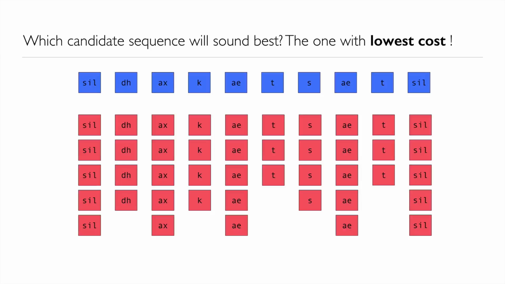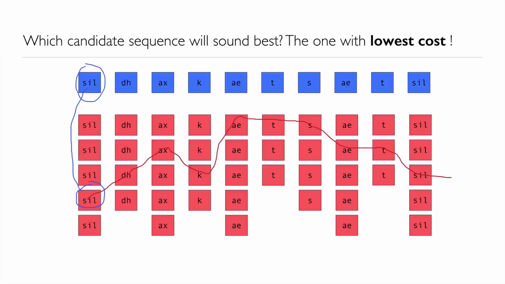And the total cost is just a sum of local costs. So let's draw one candidate sequence and define what the cost of that sequence would be. There's one path through this lattice of candidates, and the total cost of this sequence will be the target cost of this candidate measured with respect to this target, so the mismatch between those two things.